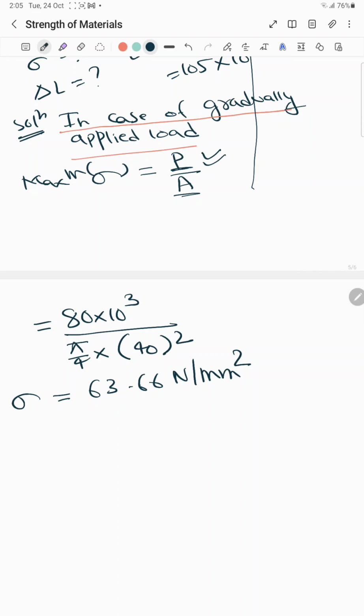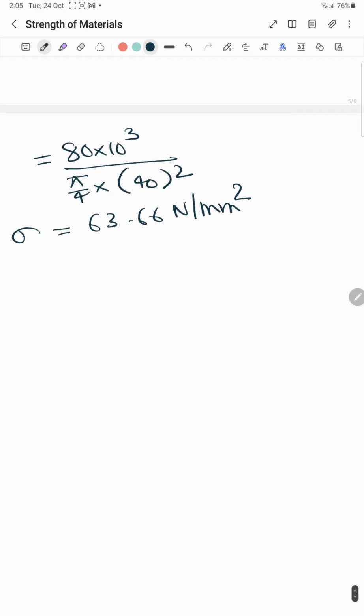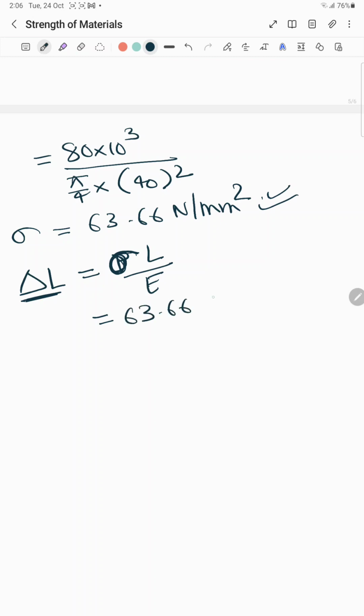Now for the gradually applied load, we need to find the maximum elongation also. The formula for elongation, the change in length, is delta L equal to sigma L upon E. Sigma we already have, 63.66, into the length of the steel rod, 2500, upon E, which is 105 into 10 to the power 3.